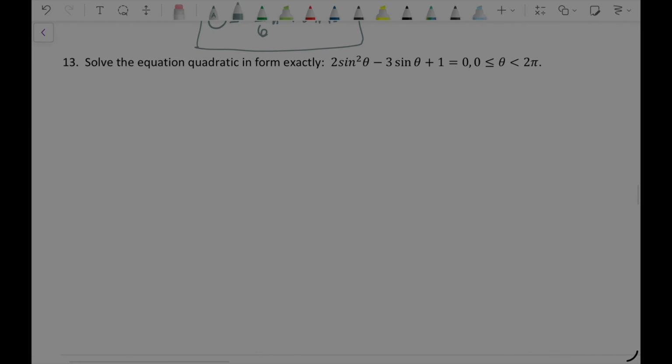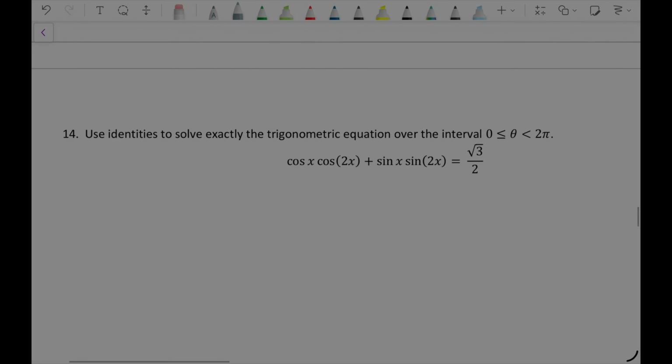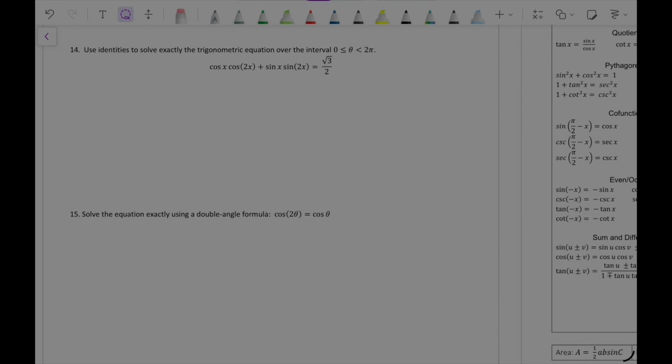I might, for the sake of time and the lengthiness of my video, stop for this part. Okay, let's look at example 14 here. I am seeing kind of a lot going on with this example.